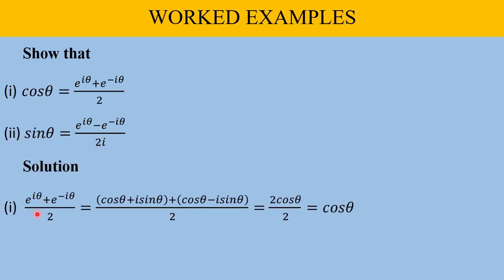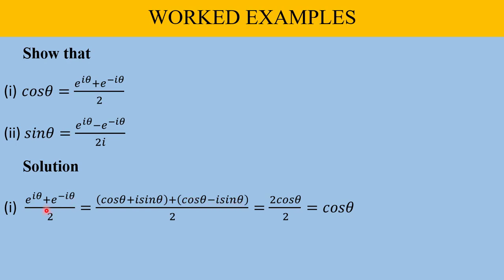Number 1, e power I theta plus e power minus I theta divided by 2 is equal to, so we are going to substitute e power I theta, which we have seen is cos theta plus I sin theta, then plus e power minus I theta, which is cos theta minus I sin theta.